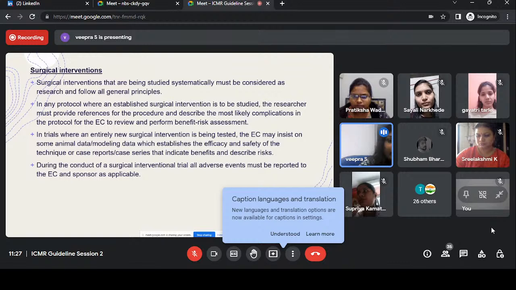Sham surgery, SHAM. Do you know what sham surgery is? Due to ethical reasons, sham surgery should not be involved in the trial design. What is this sham surgery? Any idea?